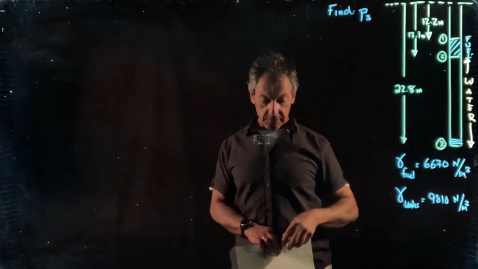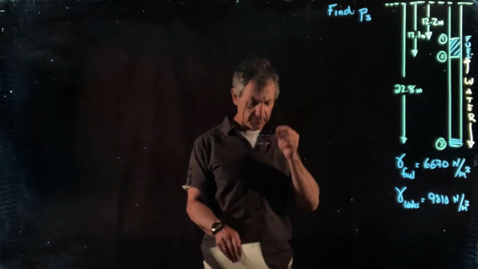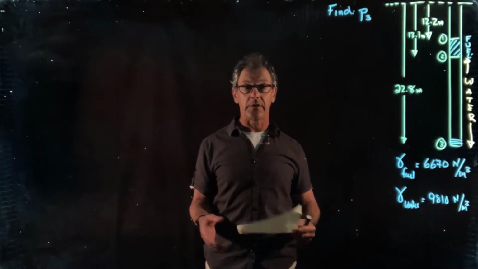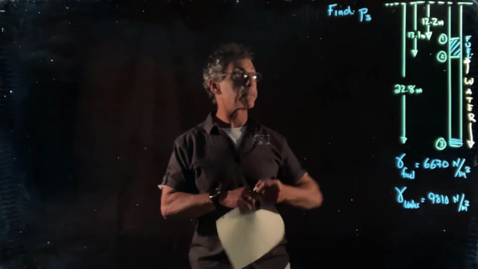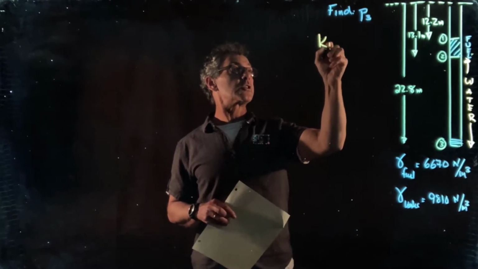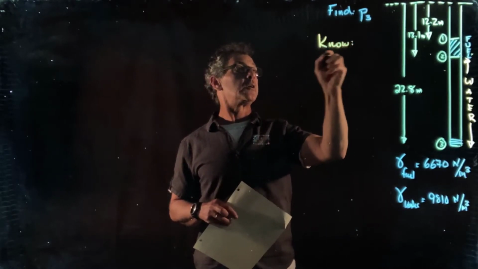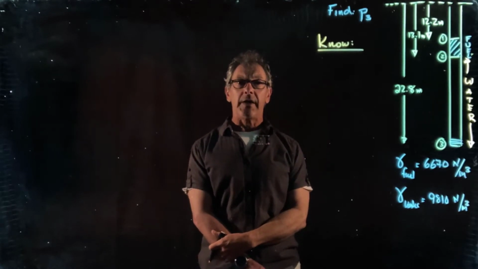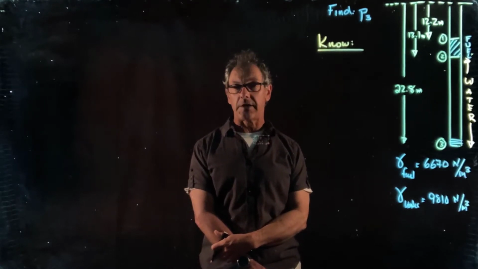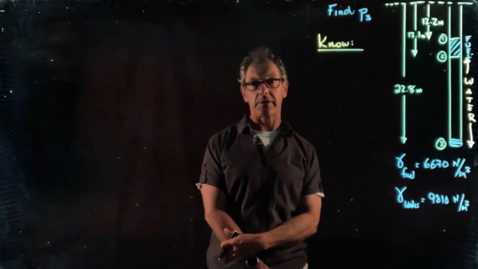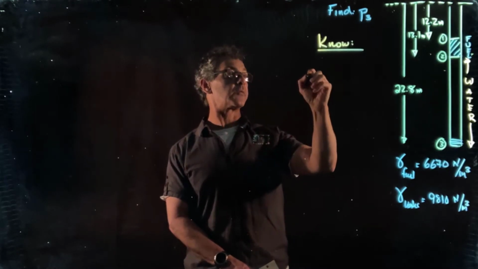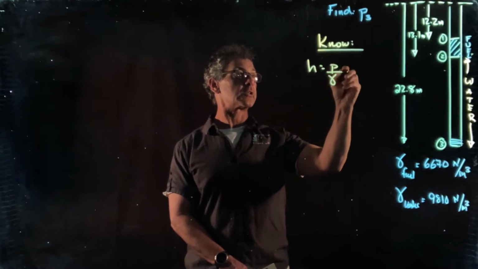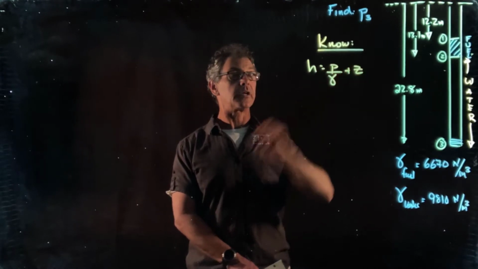So how do we solve this? We're given everything that we need here. All we need to know now is our relationship between fluid depth and pressure. And we know that is the hydrostatic equation, but sometimes I like to start with just the definition in case I forget. So we know that H is P over gamma plus Z, right?